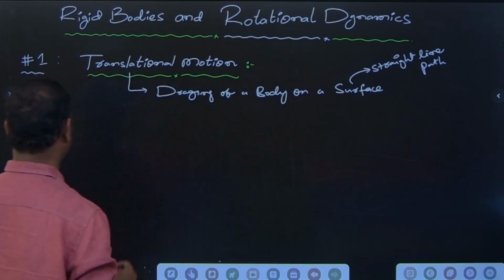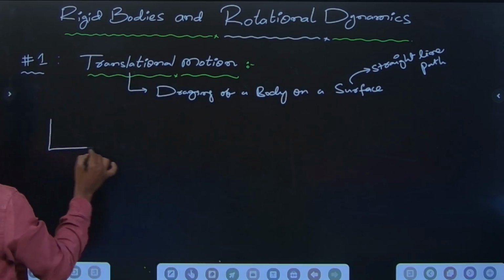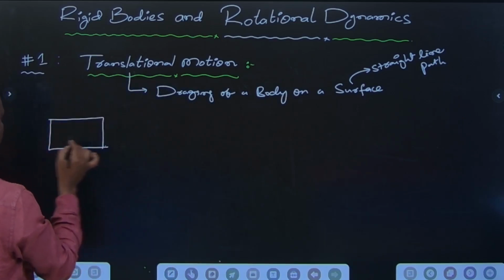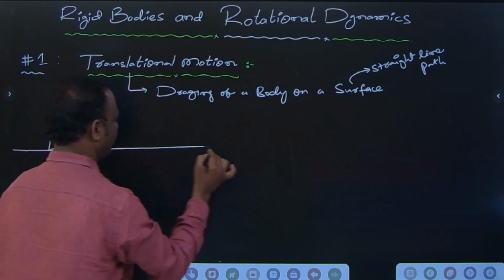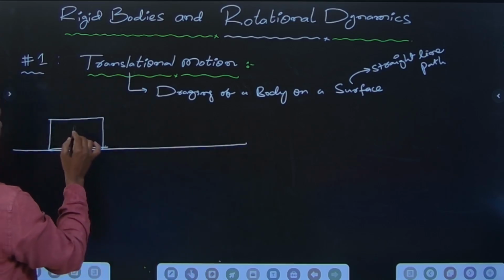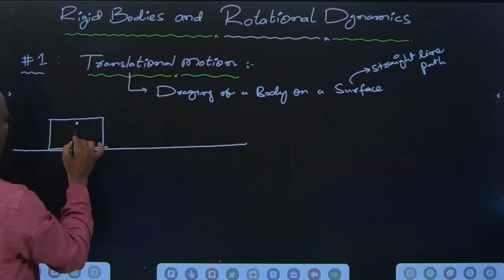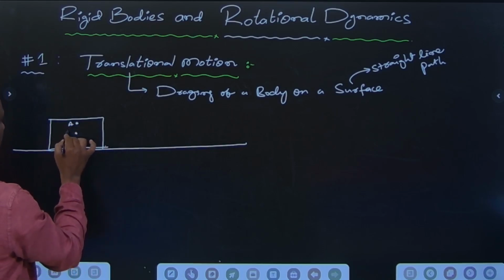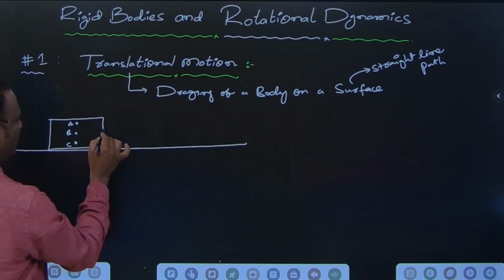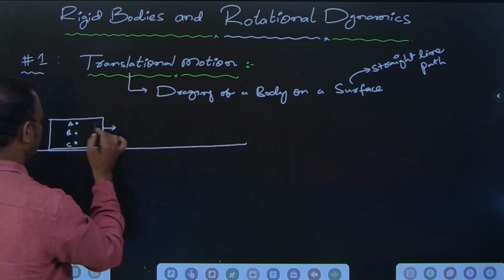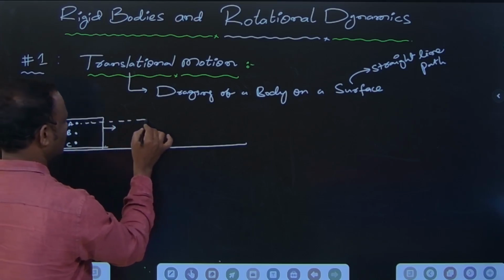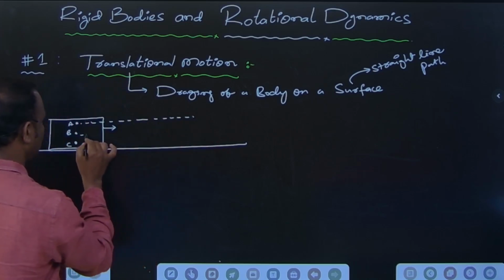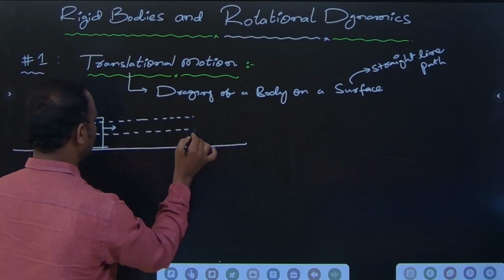Just imagine this is the body, and it is dragged over the surface. Choose three points on it: A, B and C. I'm dragging this body from here to here. These particles move along the same straight line path.